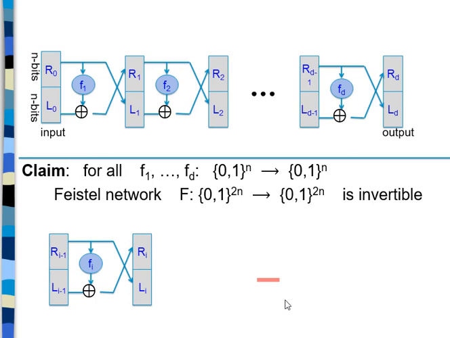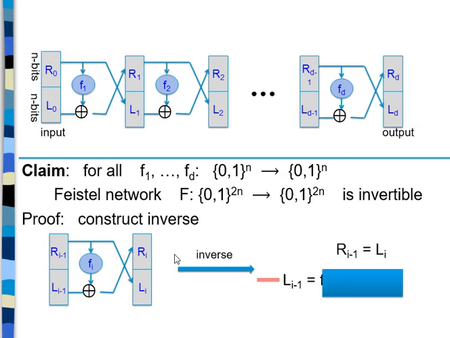Okay, the interesting point here is that this network is reversible. What does it mean? It means that you can use the same mapping function to decrypt the ciphertext.